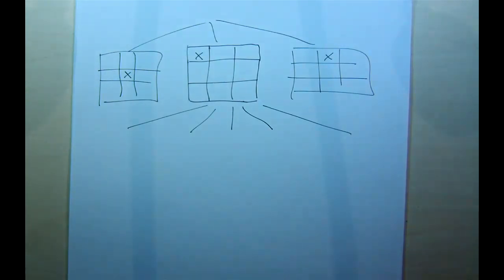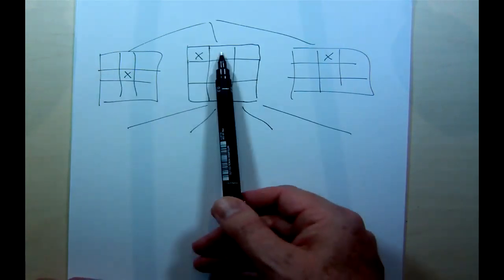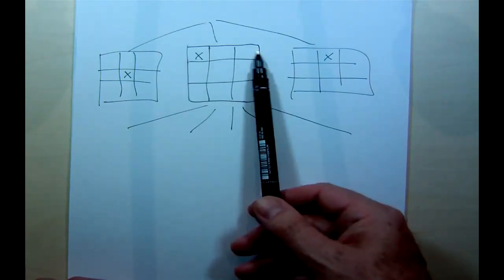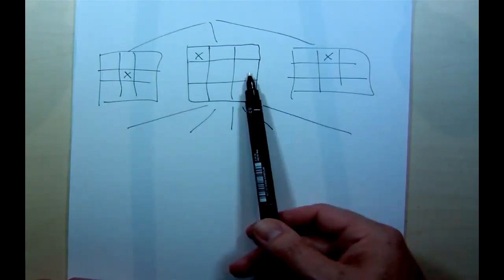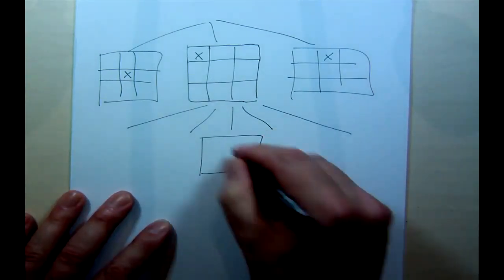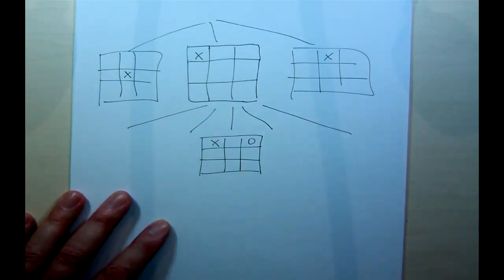That's right. Here they only have 2 choices. Here they have 5. They can go next to the X, they can go in the opposite corner, they can go in one of these corners, they can go in the middle, or they can go here. So there's 5 choices. Now let's just consider one of these. Let's say they go here.